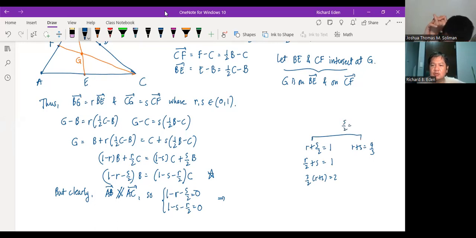S over 2 equals 1/3. So S equals 2/3. And if S is 2/3, that means R is also 2/3 in order for the sum to be 4/3. All right, nice, no? All right, so, or ako lang nung natuwa. Okay, so that means R equals S equals 2/3.